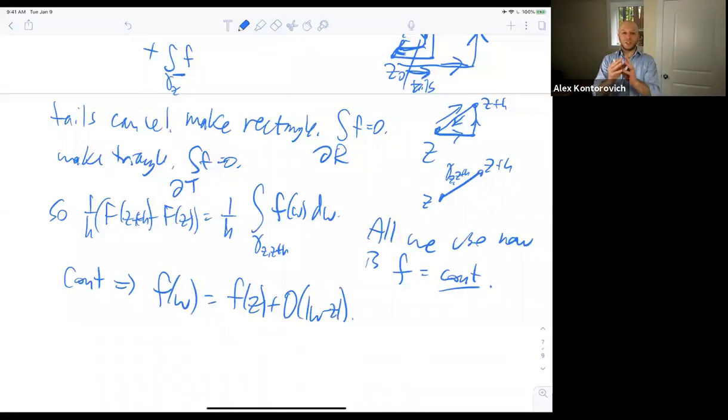Just something that goes to 0 as w minus z goes to 0. Continuity means the value of f of w approaches the value of f of z. So as w goes to z, the difference between the two things goes to 0. That's all I'm saying.